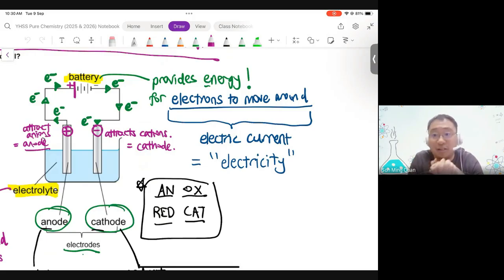That's why electrolysis needs a battery, an external power source, because you are forcing electrons to move in the opposite direction to the one they would love to go. So concepts 1, 2, 3 are electrolysis. Electrolysis needs a power source so that electrons get that additional energy to move against the natural direction.